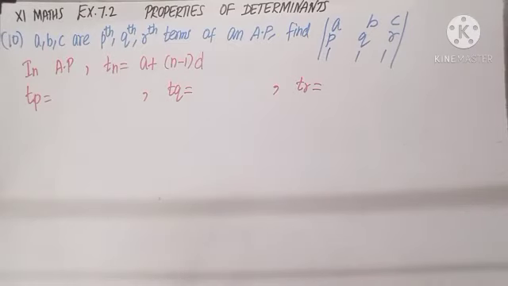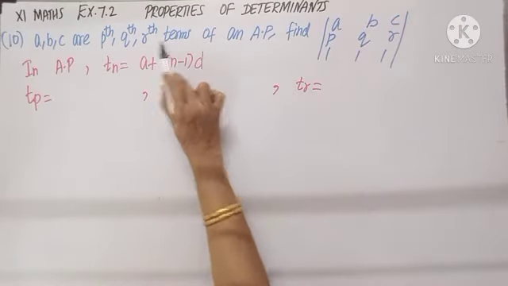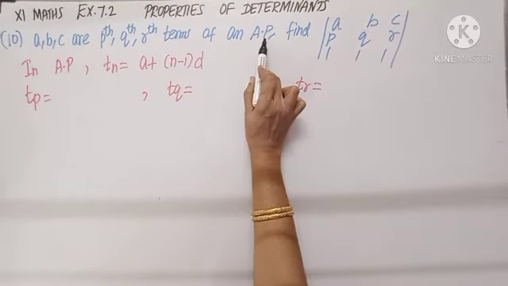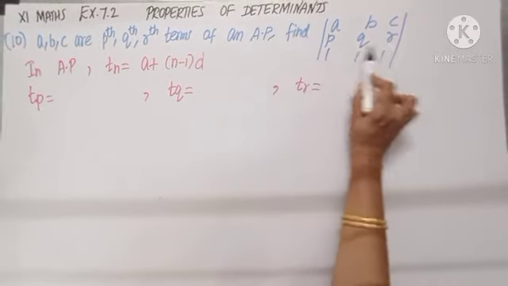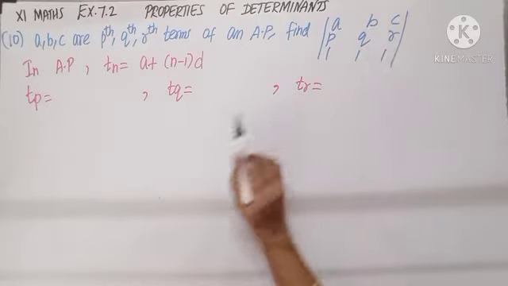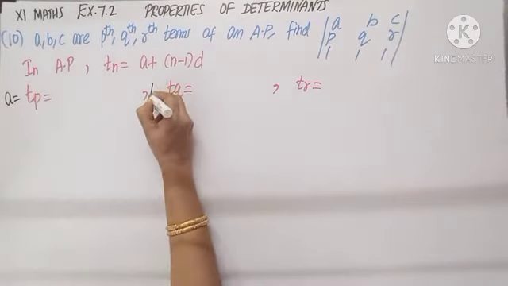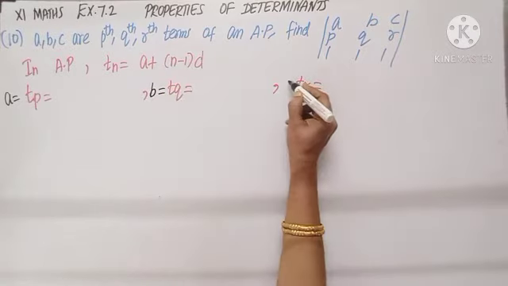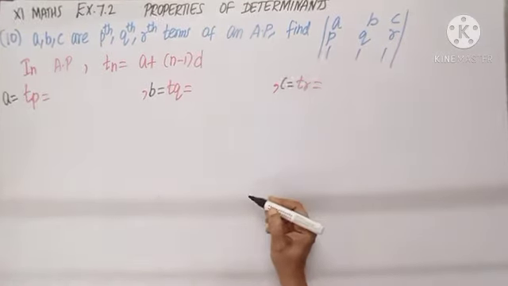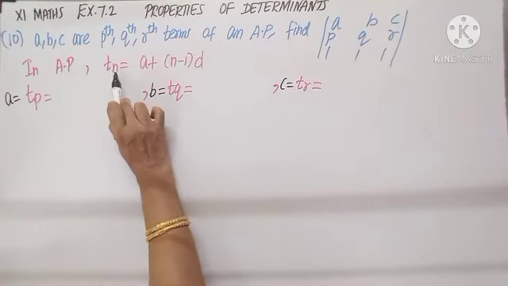Question number 10. If a, b, c are the pth, qth, rth terms of an arithmetic progression, find the value of the determinant. Wherever a, b, c comes, I must write the pth term for a, the qth term for b, and the rth term for c. What is the arithmetic progression nth term formula?